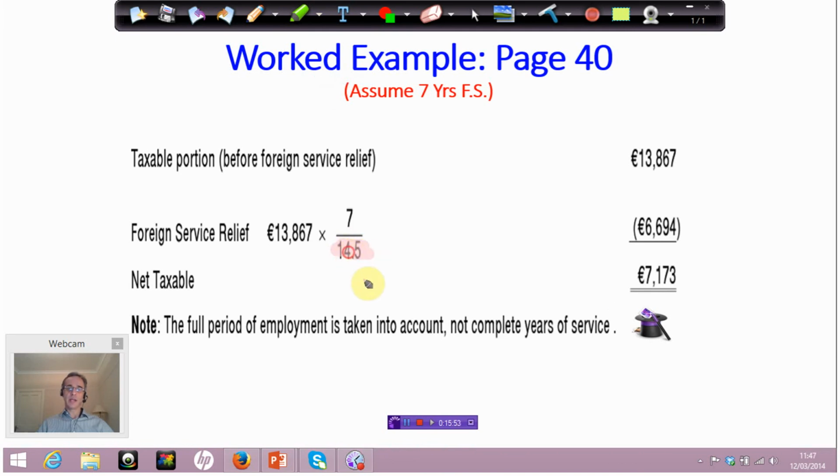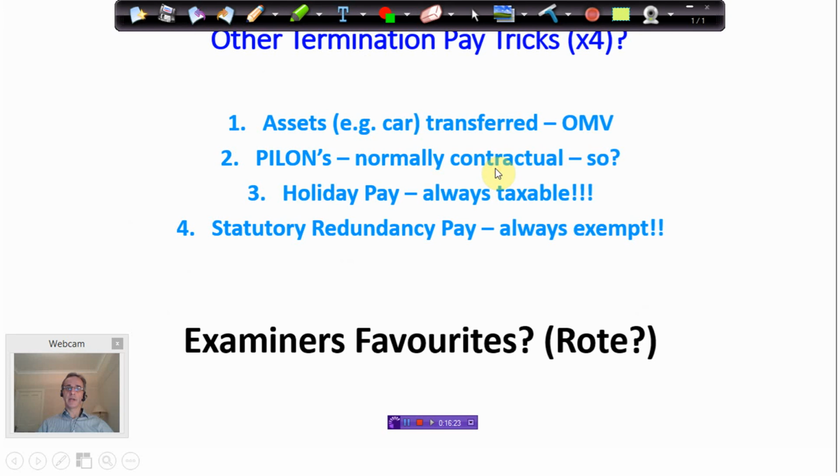Here we take the total years of service. As you'll see from the note, it's the full period of employment, not complete years of service. So we work out the 13,867 less this additional exempt amount, and we're left with net taxable to bring into the income tax computation of 7,173 euros.